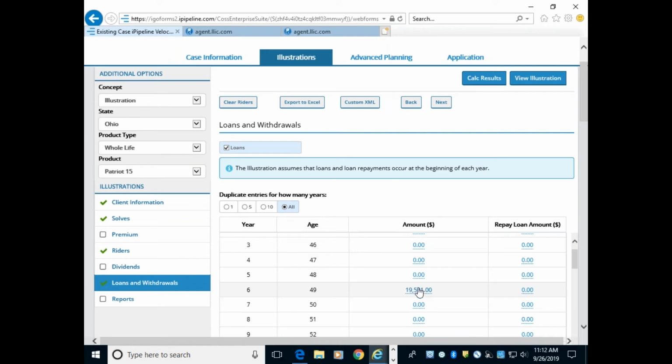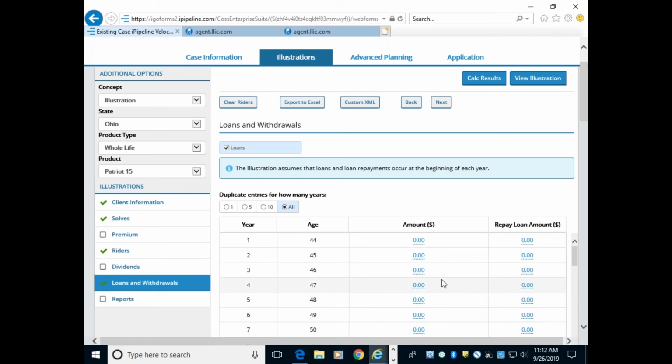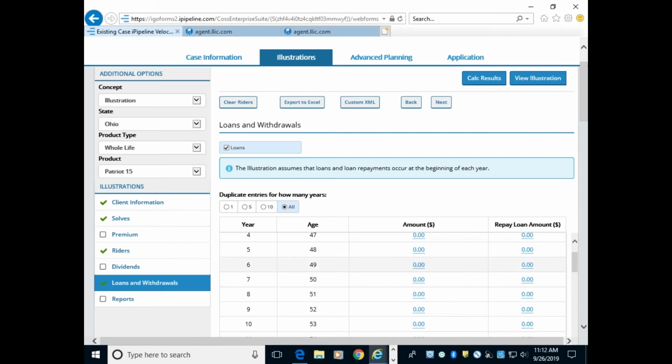So I'm going to delete what's here just so that it doesn't muddy up the waters. And I'm going to go to the following year. And for 1 year, or I can duplicate this for 5 years or 10 years. To make it easy, I'm going to duplicate for 1 year.